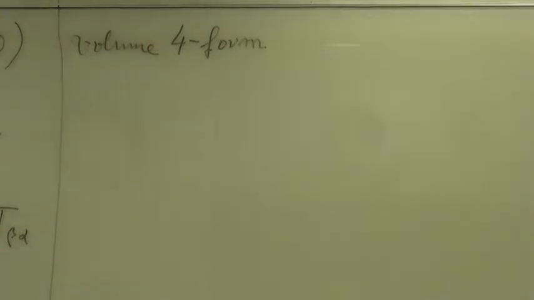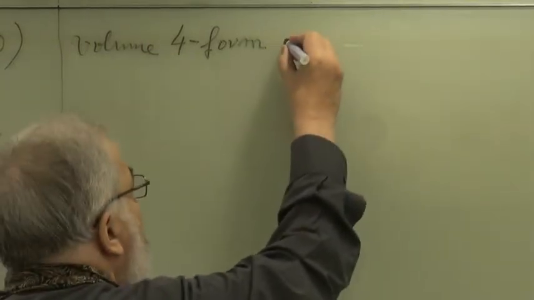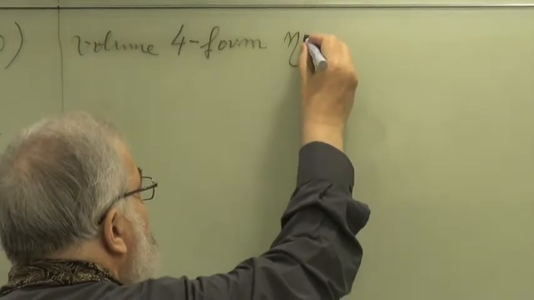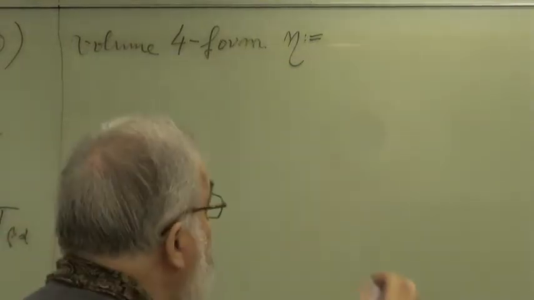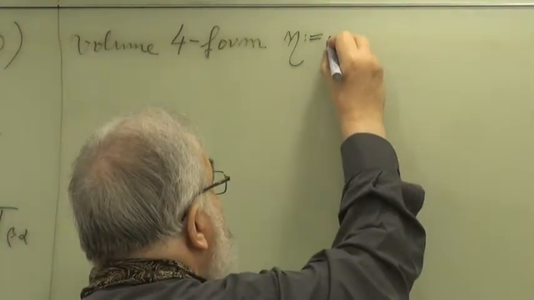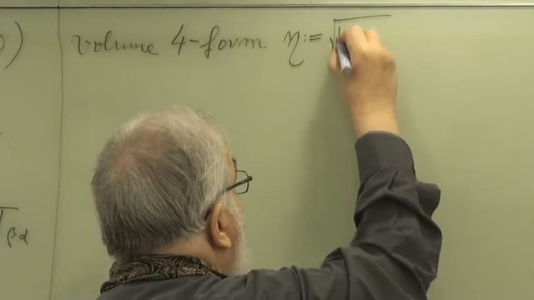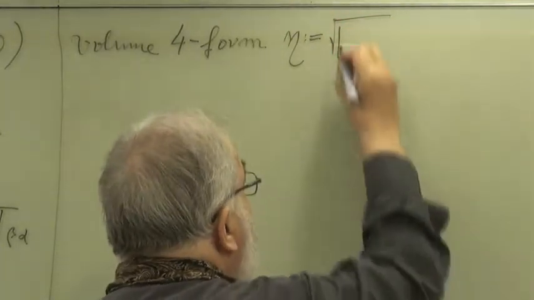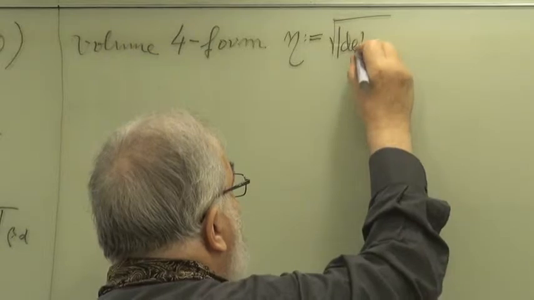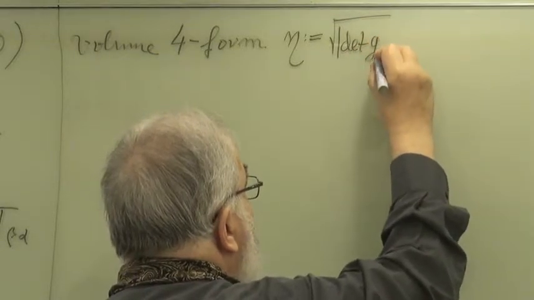And this is called eta. We know from general relativity the volume is related to the determinant of the matrix. So in this definition we have the square root of the modulus of the determinant of the metric, g_mu nu.